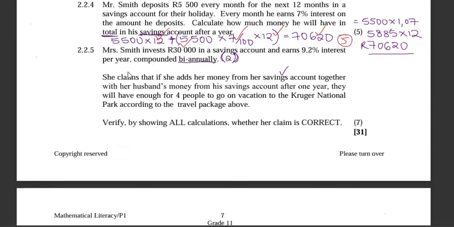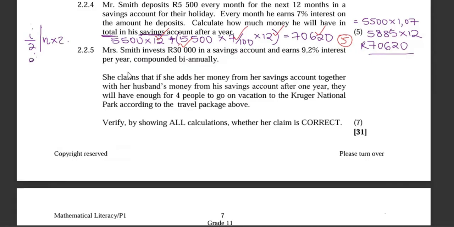So first and foremost, we have to find out how much she has after her calculation. So that's what we are going to start with. Okay, biannual meaning our interest is going to be divided. The moment you hear biannual, meaning the interest is going to be divided by 2, and the period is going to be multiplied by 2.